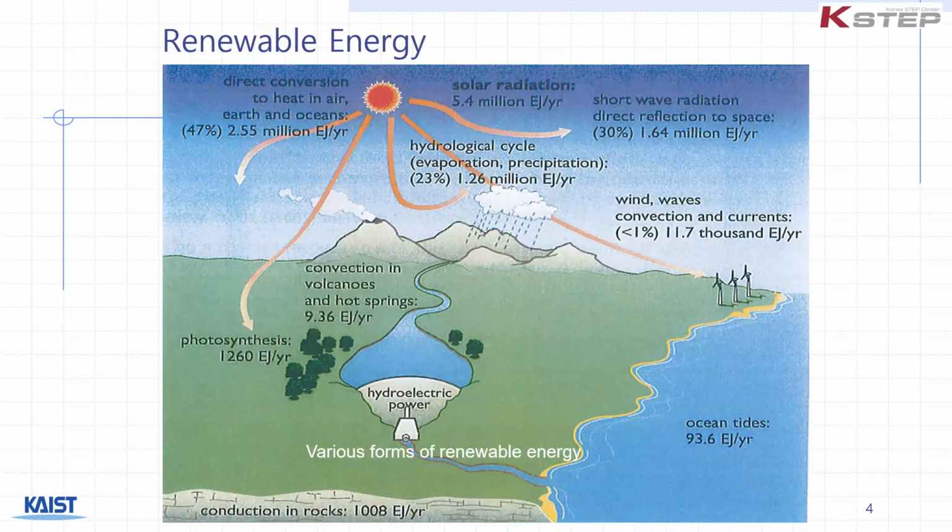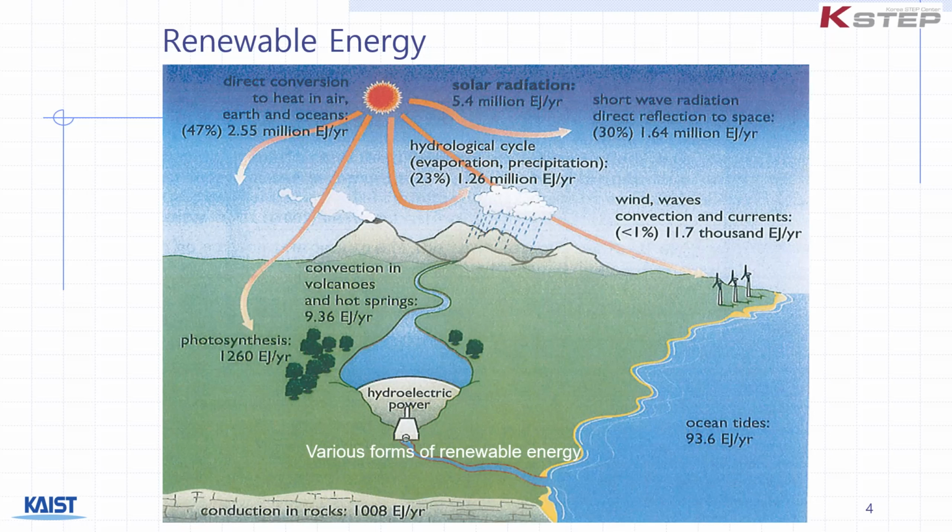Right, in graphical terms, the sun is the main source of energy of the whole Earth. So you see that there is a percentage of sun energy going to direct conversion to heat. That is about 50%, 47%.